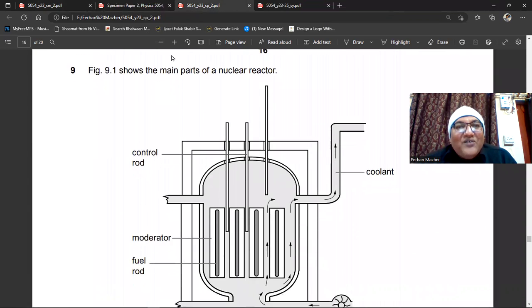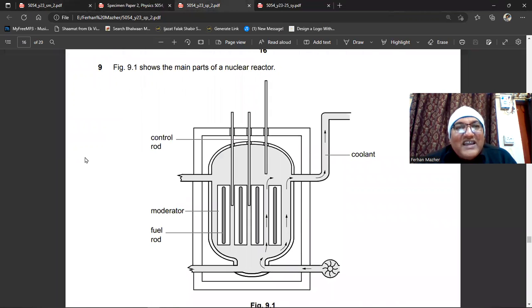Okay, so now we are going to the next question, and it says the figure 9.1 shows the main parts of a nuclear reactor. Okay, so this is a nuclear reactor. Here you can see these are the fuel rods. Fuel rods are those uranium rods, and then this is the moderator.